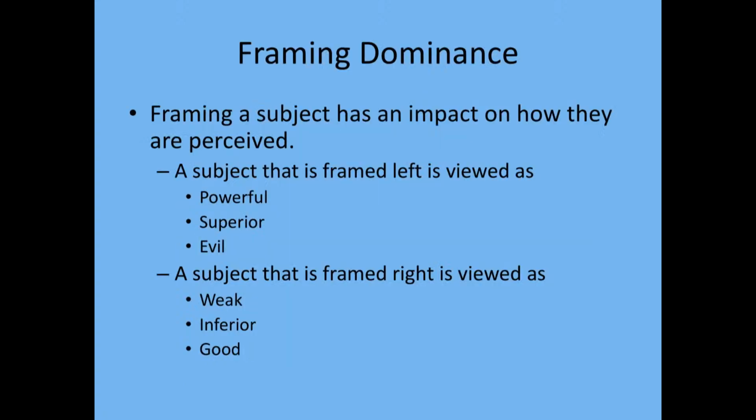All right, framing dominance. So everything done in a movie is done purposefully. Are there accidents? Yes. But I'd say 90% of the time, things done in movies are done purposefully, and framing dominance is one of those things. So framing a subject has an impact on how they are perceived.